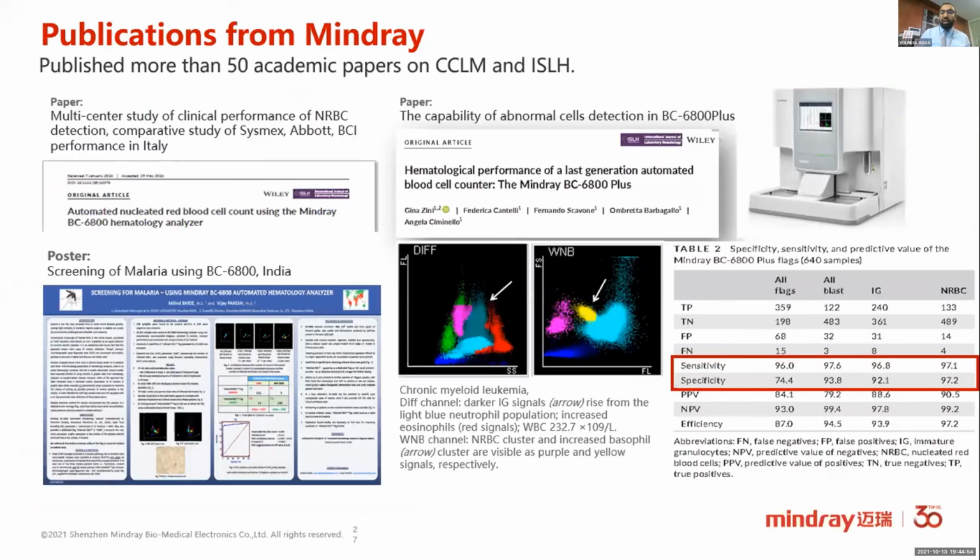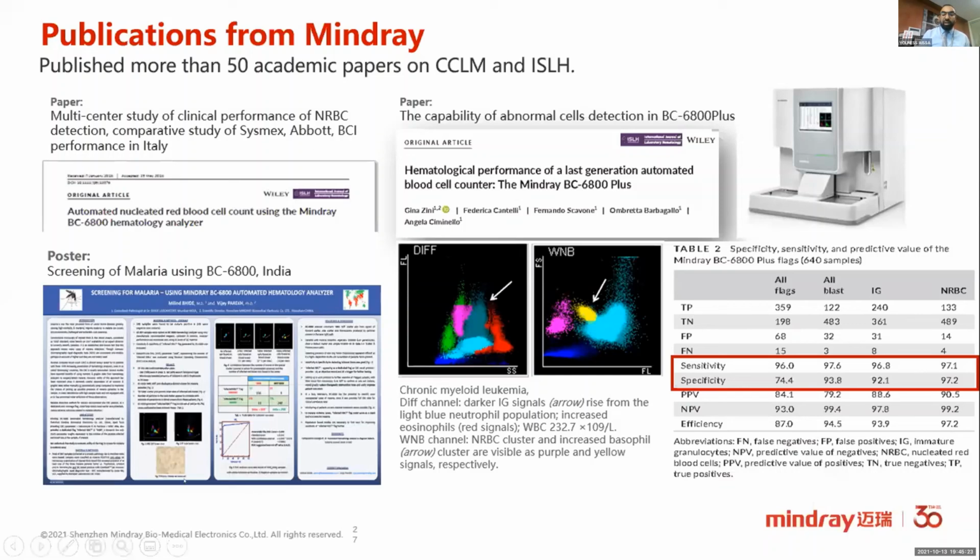Also, we have a big database of publications and scientific papers from Mindray. We have around 15 academic papers only for the 6,000 handled solution, and also other scientific papers. So if you need any scientific paper, publication or article, we can share it with you. It is a pleasure for us to share it with you. Here are only some examples.